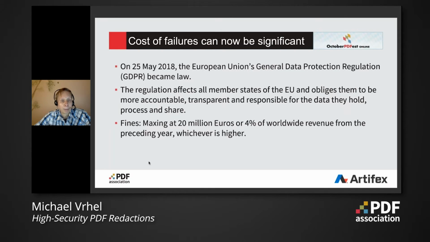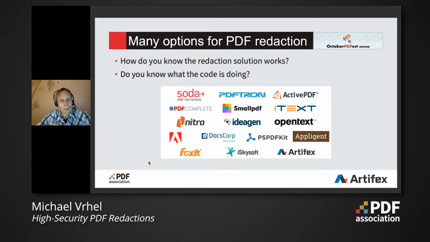The fines max out at 20 million euros or 4% of worldwide revenue from the preceding year, whichever is higher. So given that the cost can be quite significant, you have to ask yourself, if you're using a particular solution, do you know if that redaction solution works? Is it leaking information? Is it really removing everything? And do you know what the code is doing?